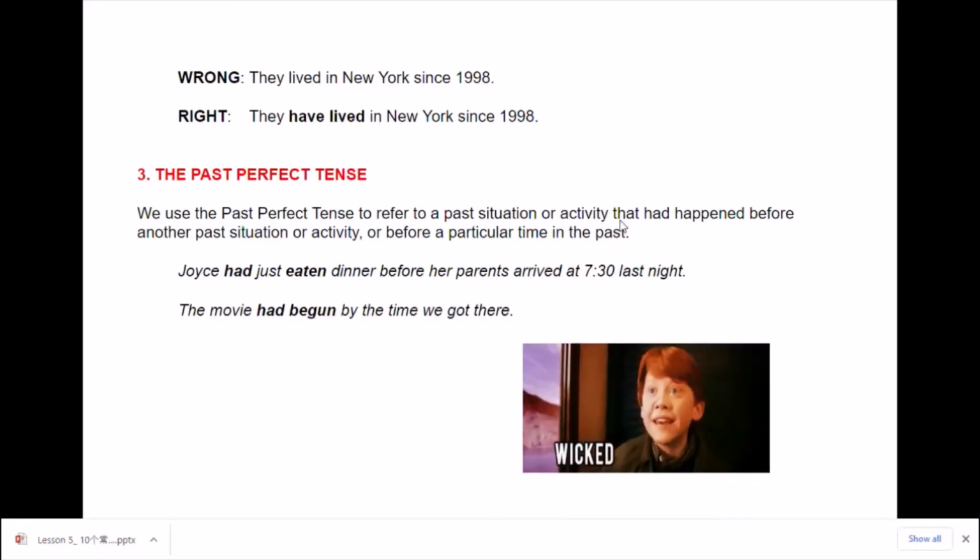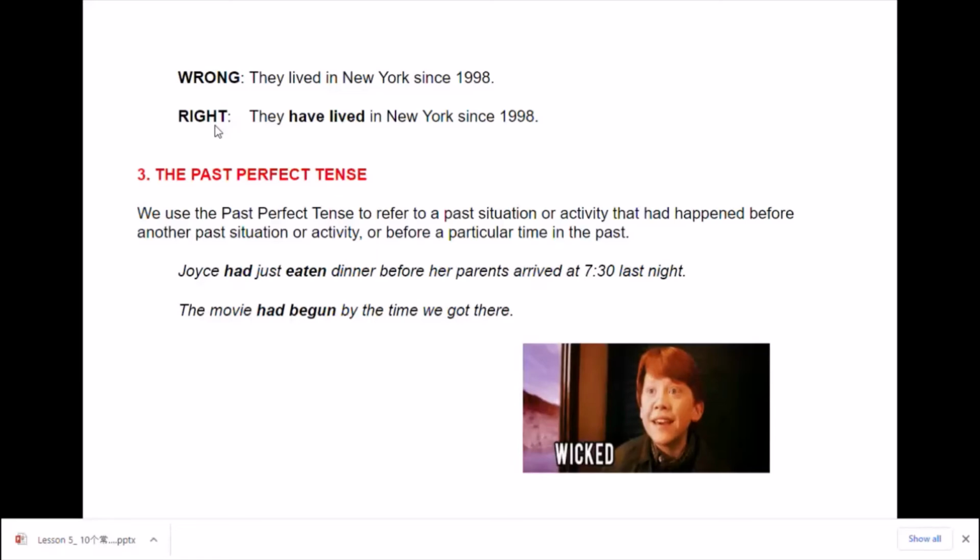Okay, let's look at the error examples. Wrong. They lived in New York since 1998. Since plus the past time, that means a point of time in the past. It's wrong.